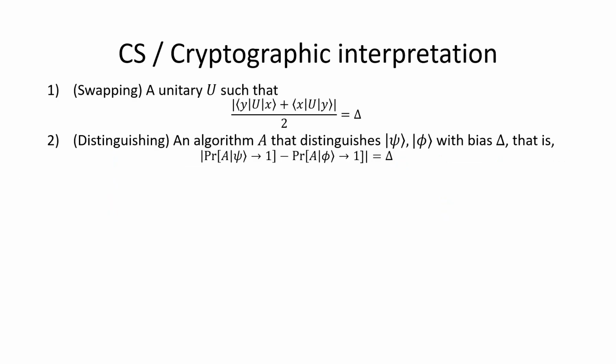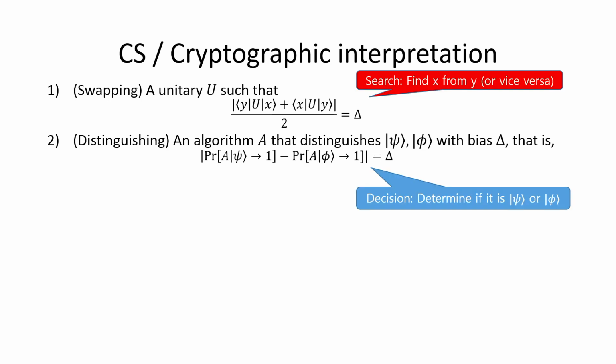So why do we talk about this physical theorem? Because we found that it can be interpreted as a quantum search-to-decision reduction. Let me describe in more detail. The first test is a kind of search test: find x from y and y from x.